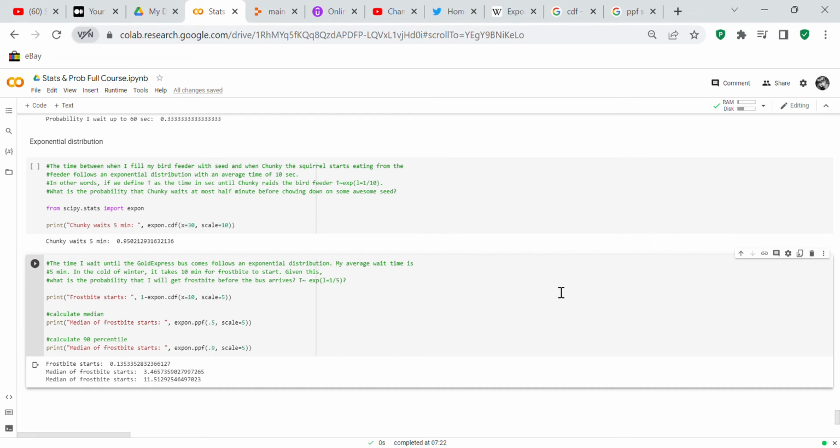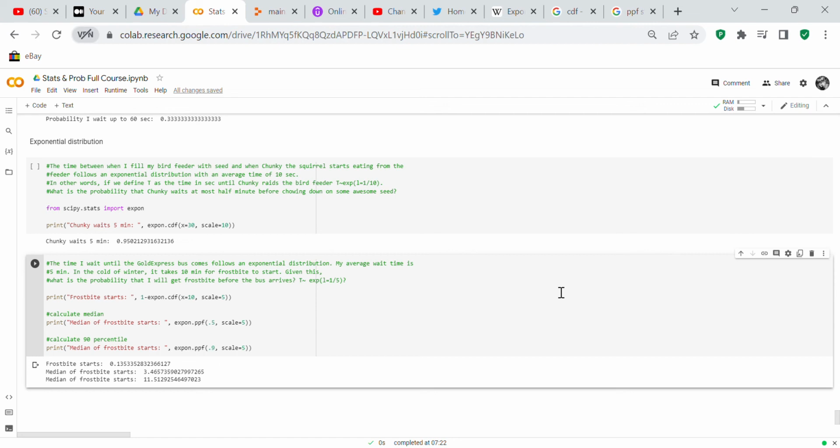So we had the first question, which was the bird feeder question, or Chunky the Squirrel question. We had to import scipy.stats, so from scipy.stats import expon. The answer to that is expon.cdf, x equals 30, that's 30 seconds, and scale equals 10, so that's 10 seconds.